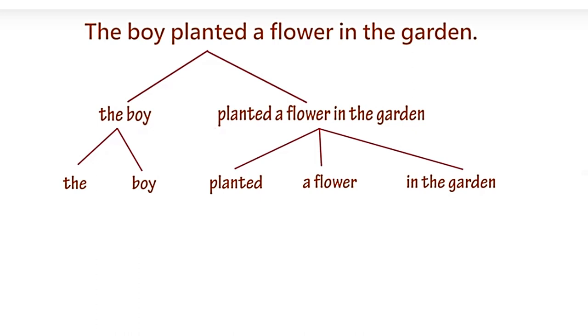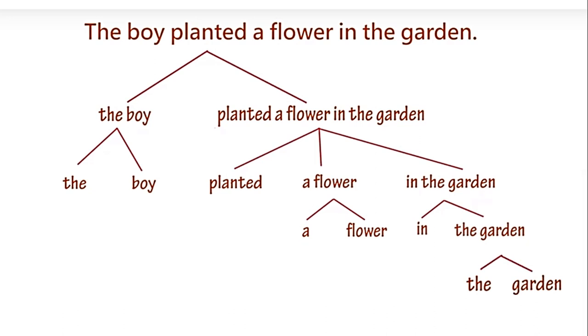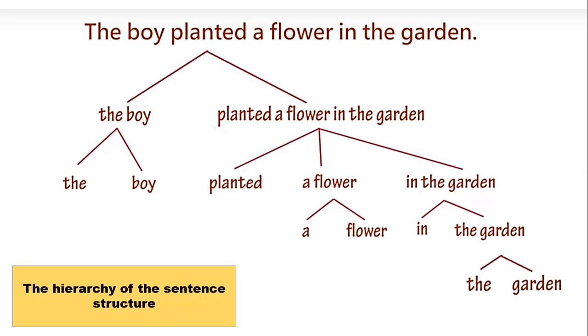And then a flower, in the garden, in the garden. Okay, so this is not only about constituency, this is about the hierarchical structure of the sentence.